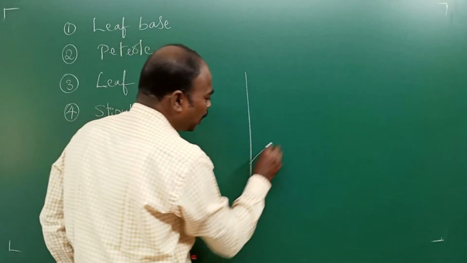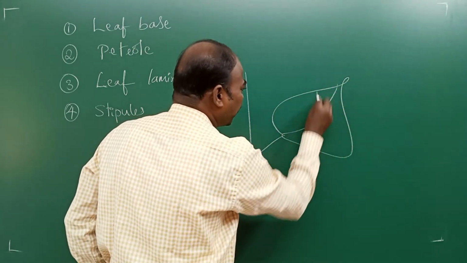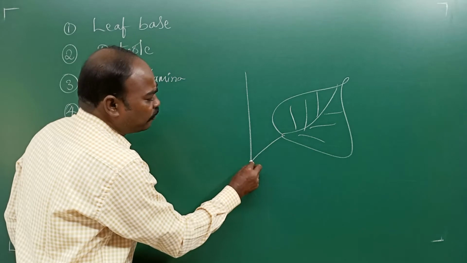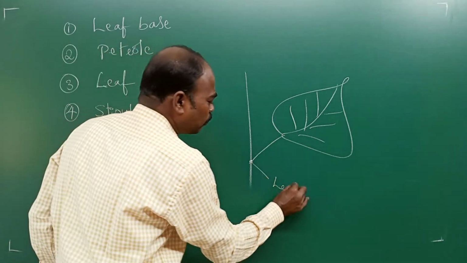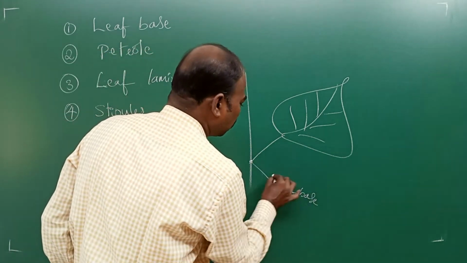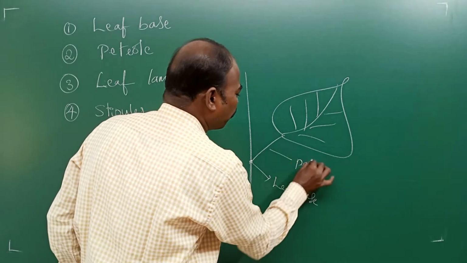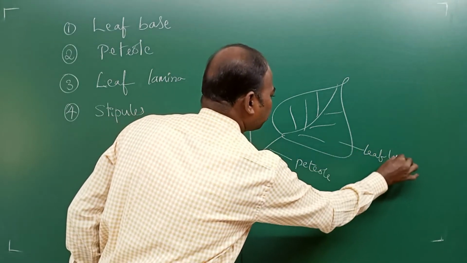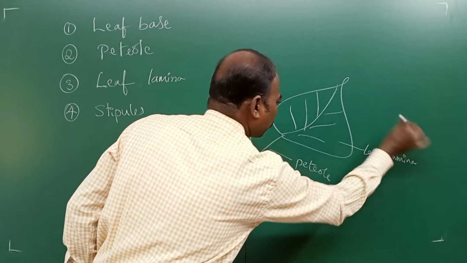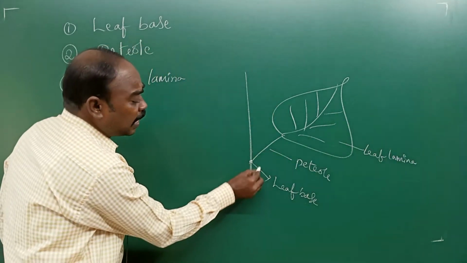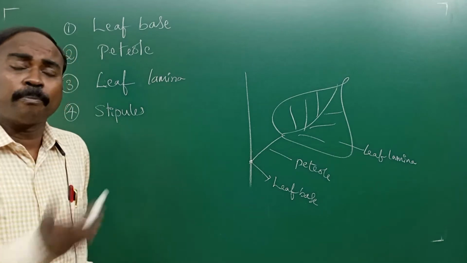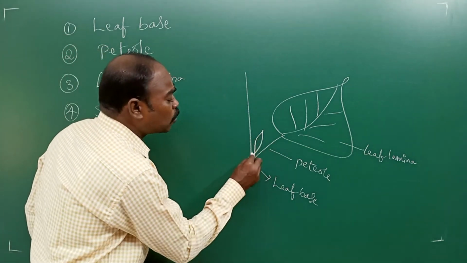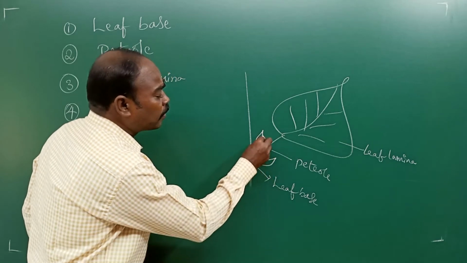The stipules are the lateral appendages of the leaf. This is the base of the leaf, the stalk of the leaf, the petiole, and the leaf lamina. On either side of the leaf base, small leaf-like structures develop.